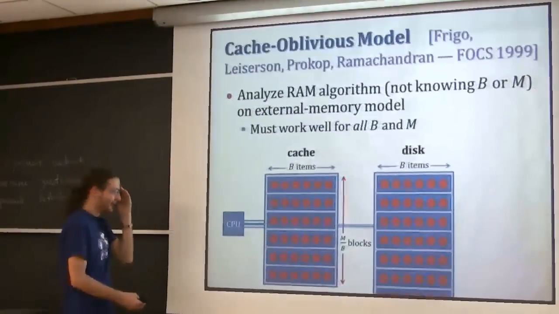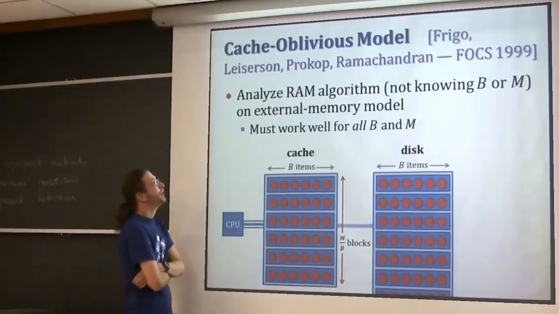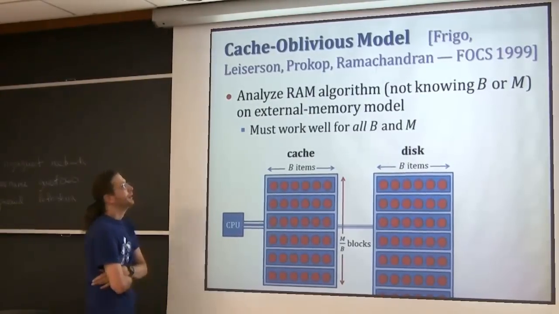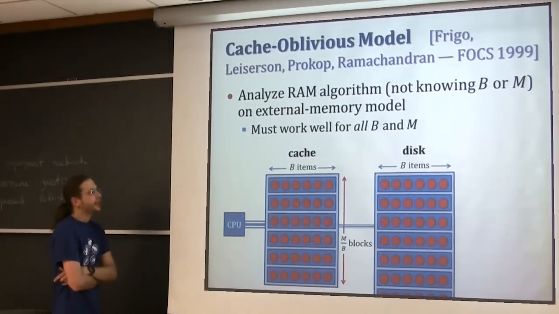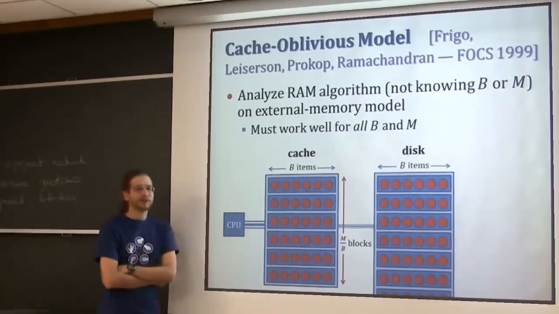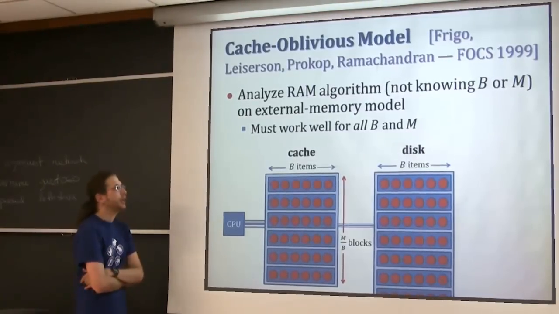All right. Finally, we go to the cache-oblivious model by Frigo et al. in 1999. This is another clean model, and this is another of the two models that really caught on.